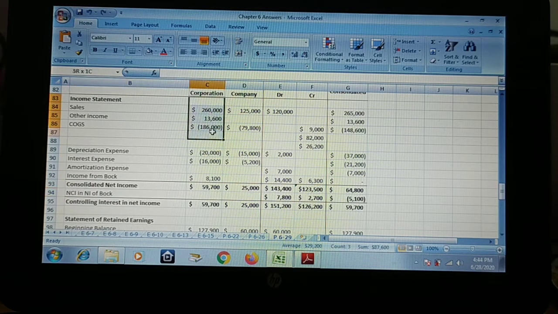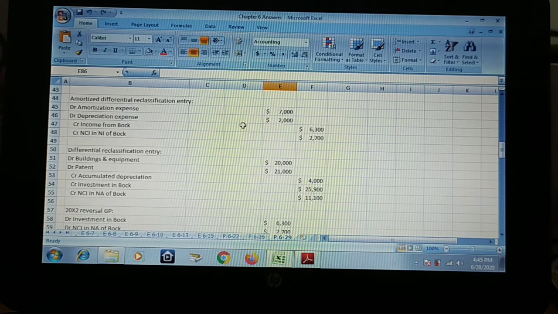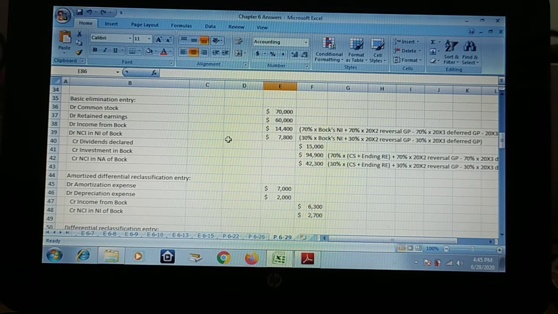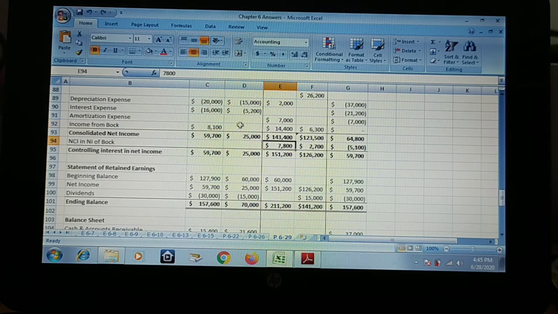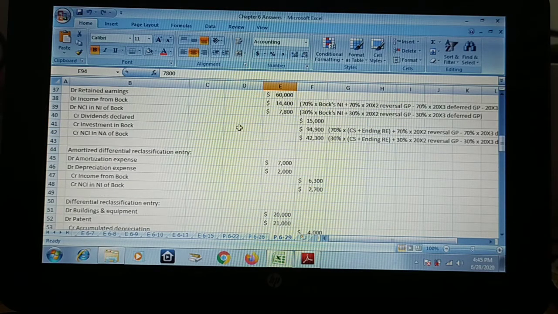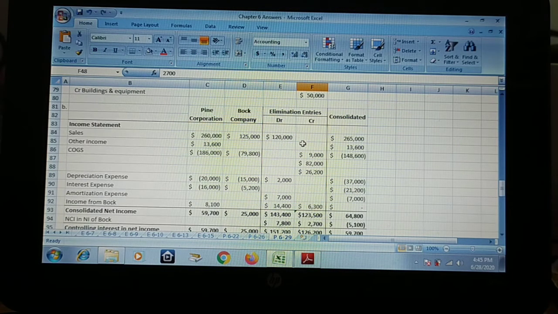Okay, so just sum it down. And then you move the entries from the elimination entry that we did. Income from Block, NCI and NI, and then we have amortization expense, depreciation expense, income from Block, and NCI and NI again.